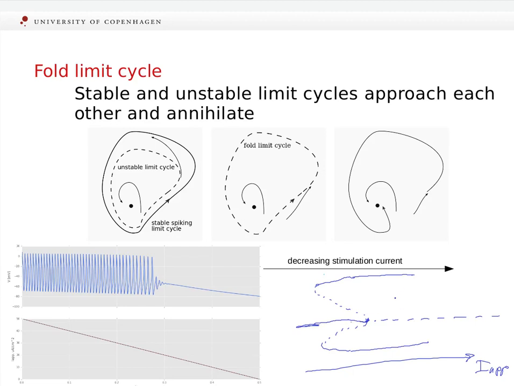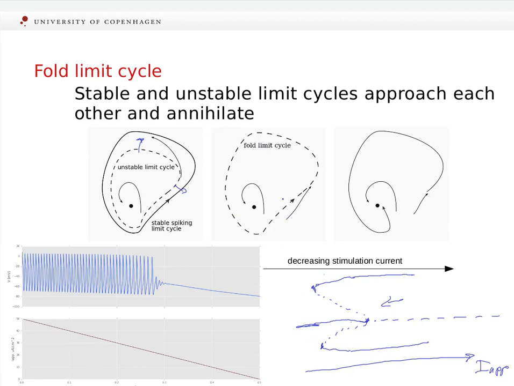Now in the fold limit cycle, we are doing the same but in reverse, and what happens is the unstable cycle gets larger and larger in amplitude. So like here, it gets larger and larger in amplitude, and then the two limit cycles merge, the unstable and the stable one, and as the unstable limit cycle touches the stable limit cycle, they both annihilate each other.